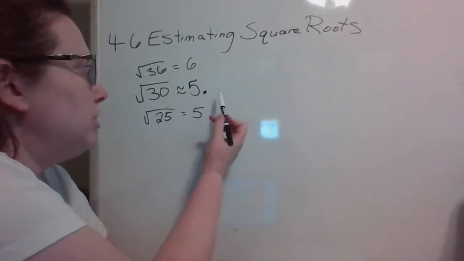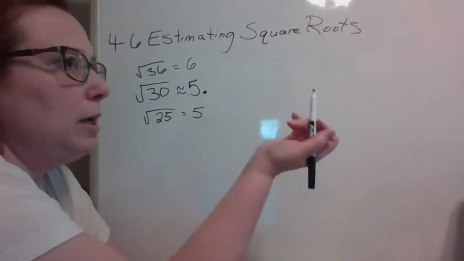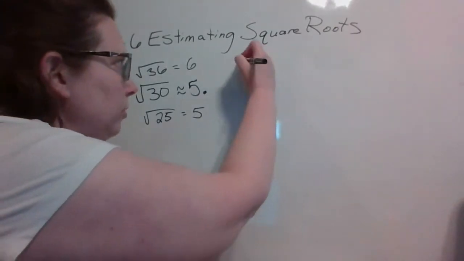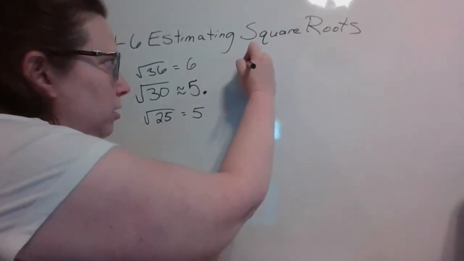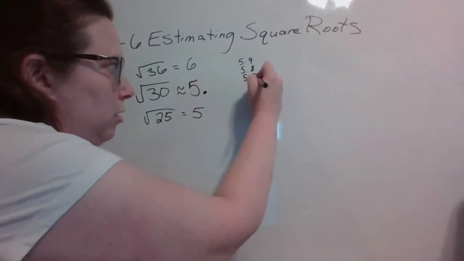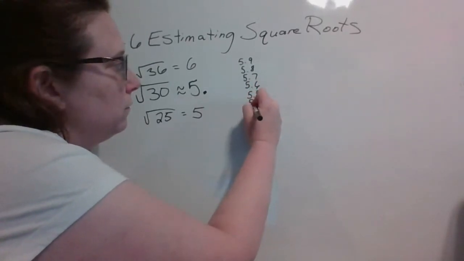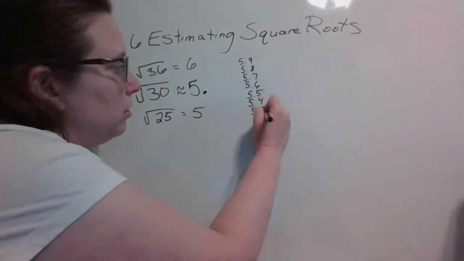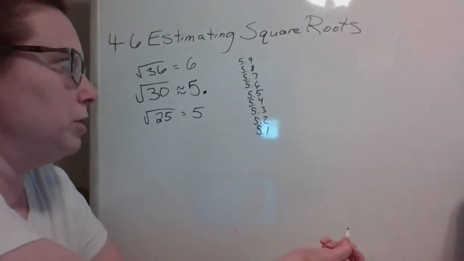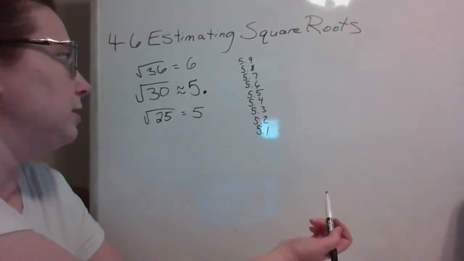And then our job is to decide, well, about what is it going to be? When I say about, in the middle, let's see, we'd have as our options 5.1 up to 5.9, so those would be all of our options from 5 and 1/10 up to 5 and 9/10.